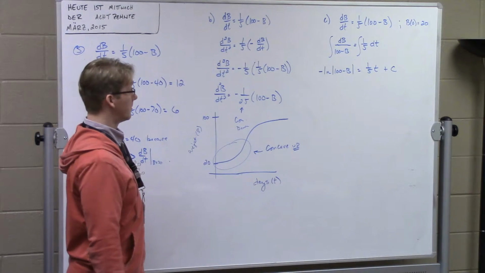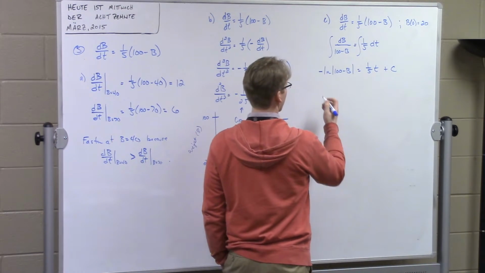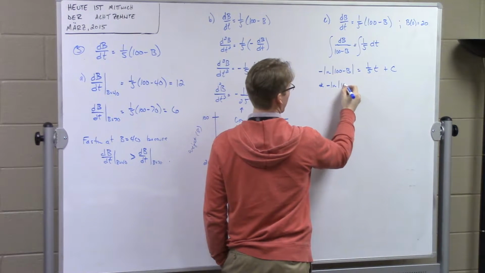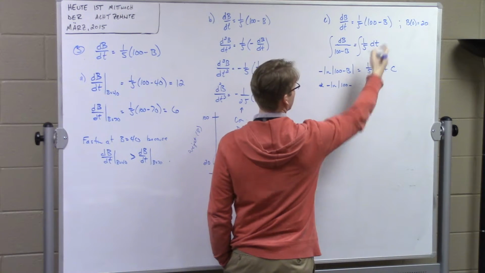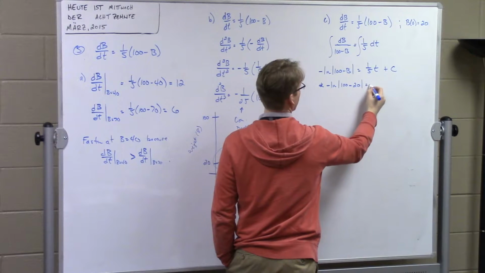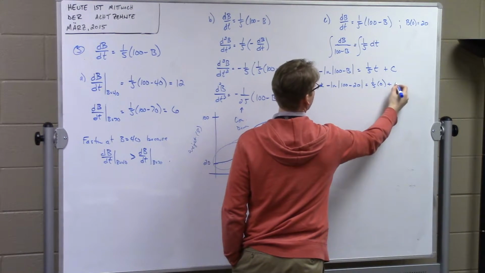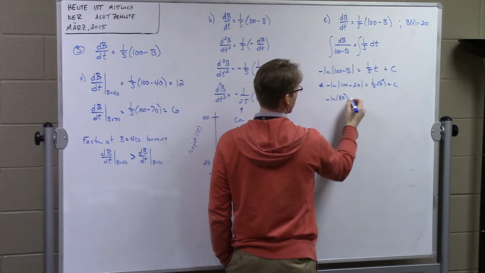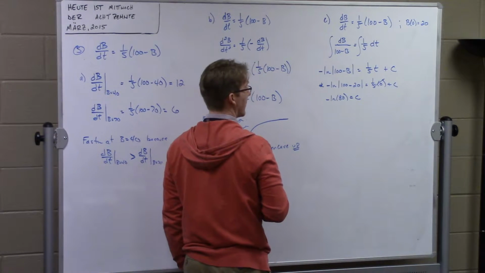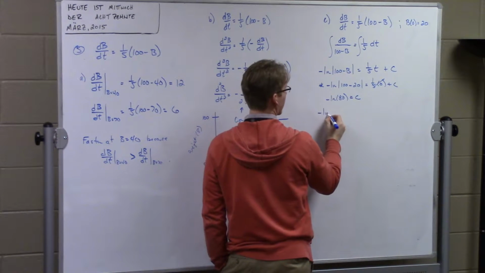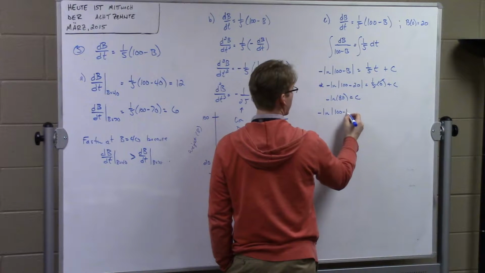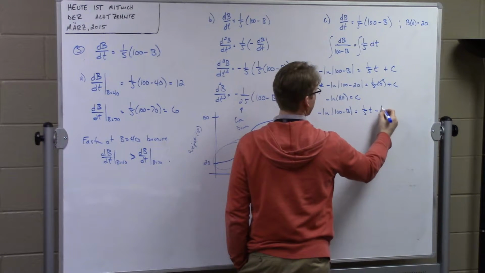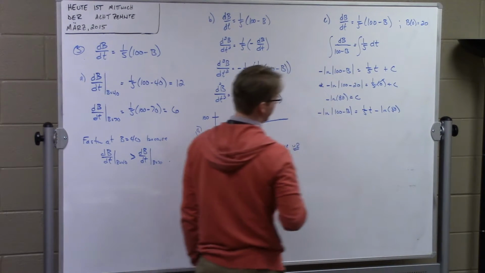Okay, let's find C. Some scratch work here. Negative natural log of the absolute value of 100 minus 20 is equal to 1/5 of 0 plus C. That's 80, so negative natural log of 80 is equal to C. It is a number, but it's a very important number. So we're at negative natural log, absolute value of 100 minus B is equal to 1/5 T minus natural log 80.